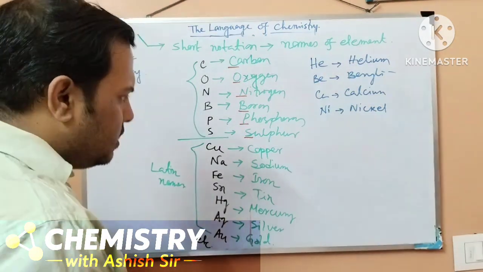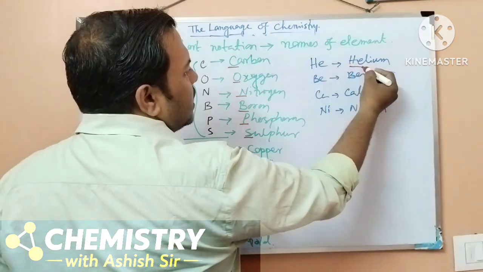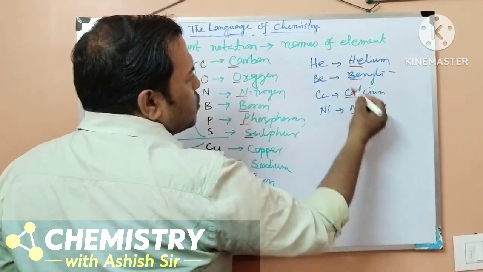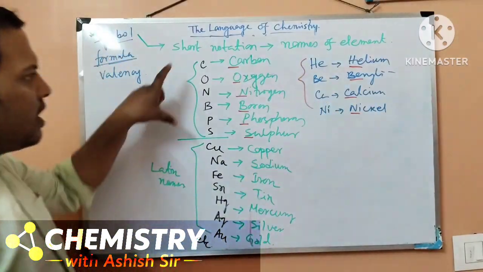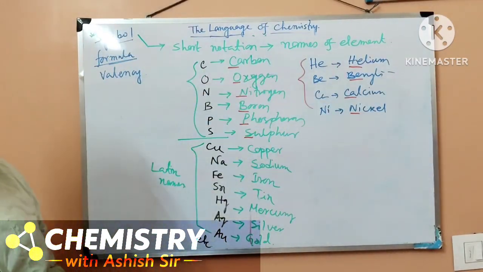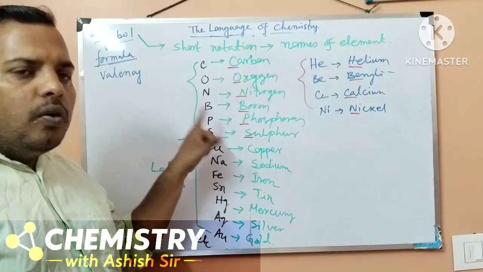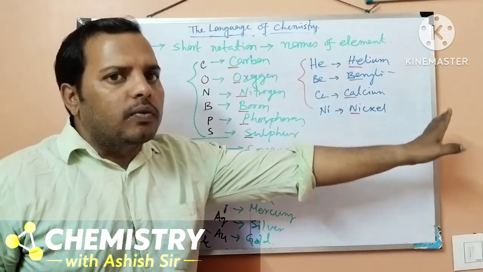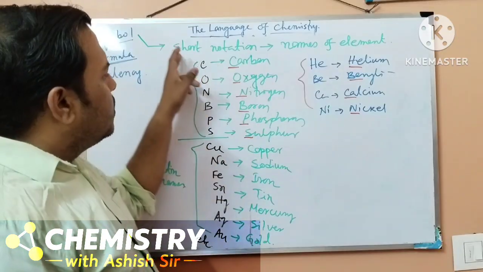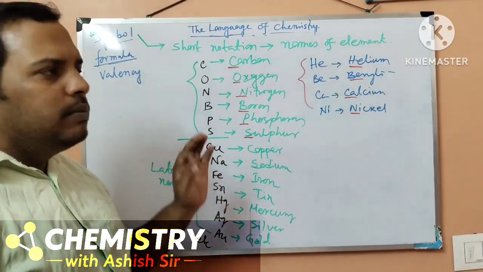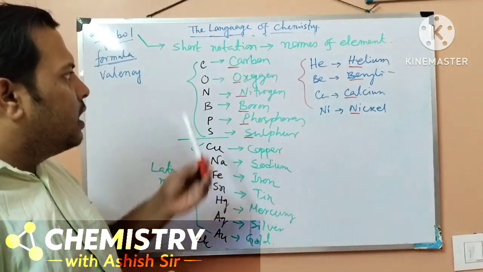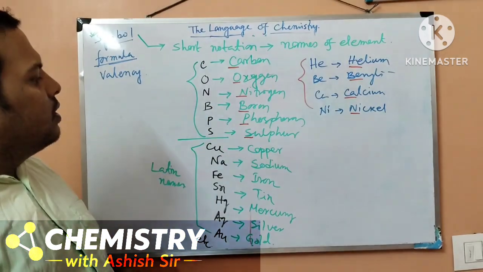There also you see that we have taken the first as well as the second letter. So these all names what I have written in the first slot and second slot, the symbols are made either by taking the first letter or by taking the first letter and another one together. So these are from their original English name. The abbreviation is called symbol.